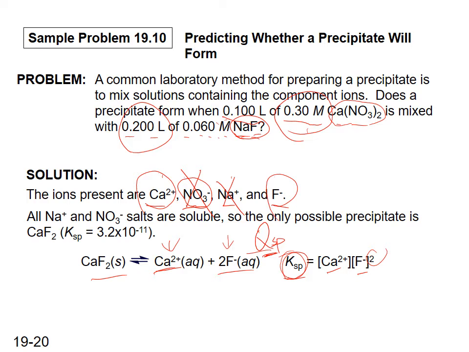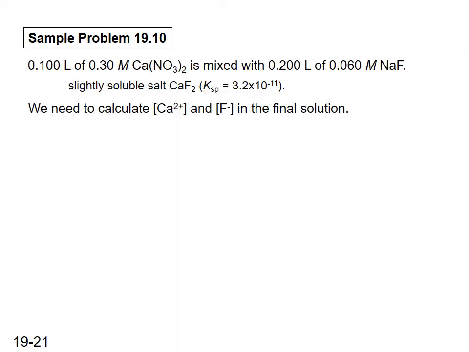If Qsp is greater than Ksp, that means there are more ions than in a saturated solution, so it will precipitate. We now calculate the ion concentrations in order to calculate Qsp, and note that Ksp is already found from the textbook.